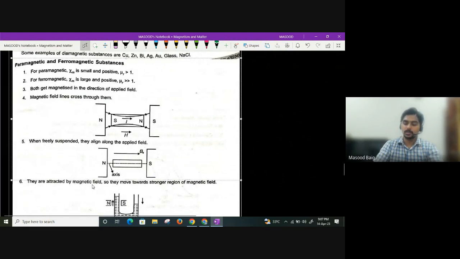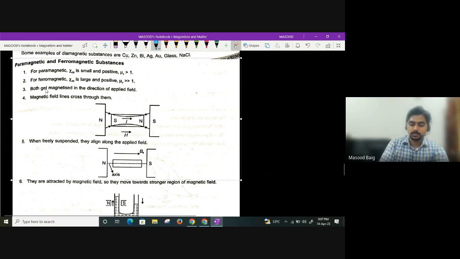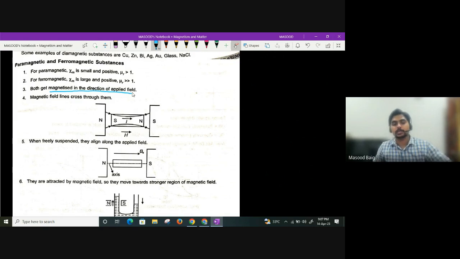Same manner, paramagnetic and ferromagnetic will have similar properties. So basically, they are going to get magnetized strongly, in the direction of the applied field. If I take ferromagnetic, they are going to get magnetized more strongly. For paramagnetic, you remember, chi m value is small and positive.